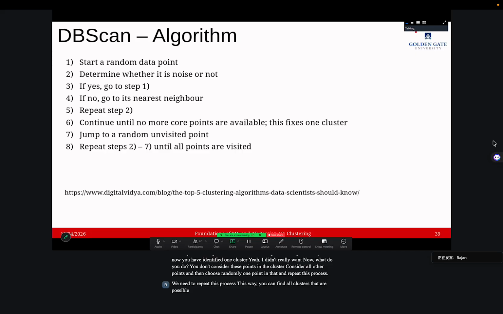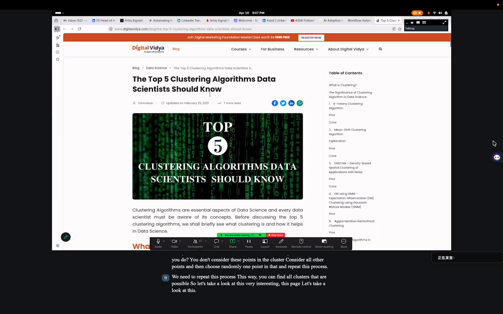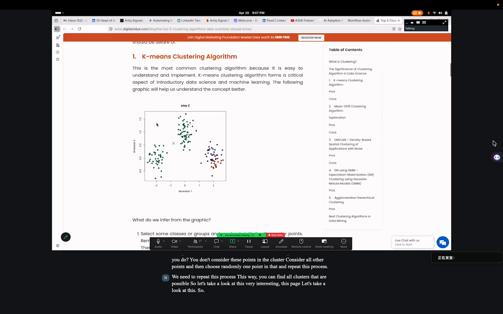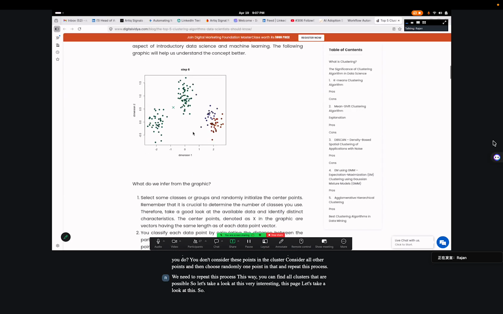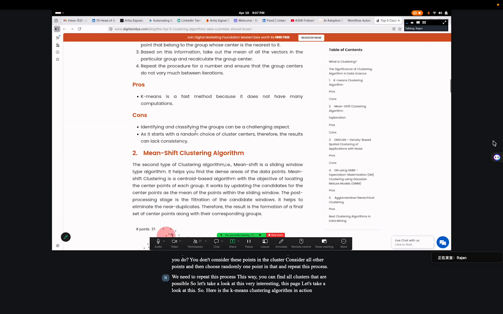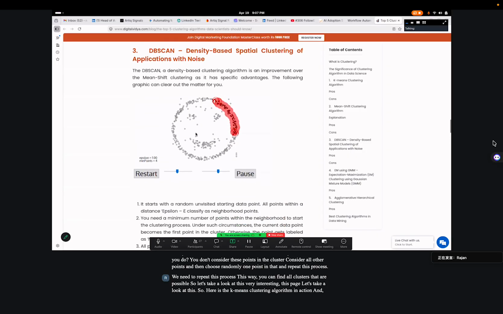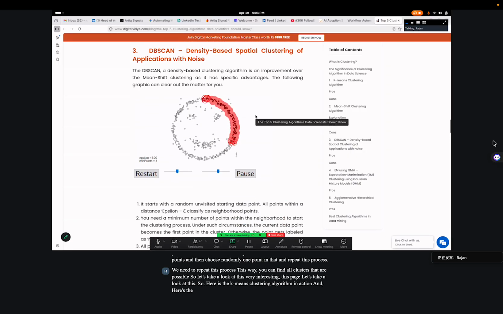So let's take a look at this. This is a very interesting page, Digital Vidya. Here's the k-means clustering algorithm in action. And here's the DBSCAN.